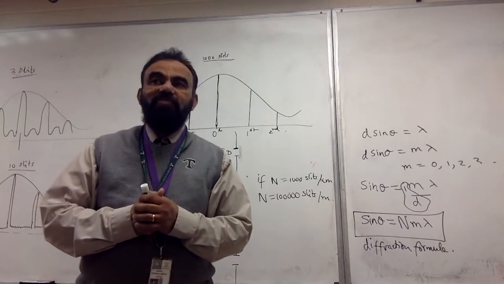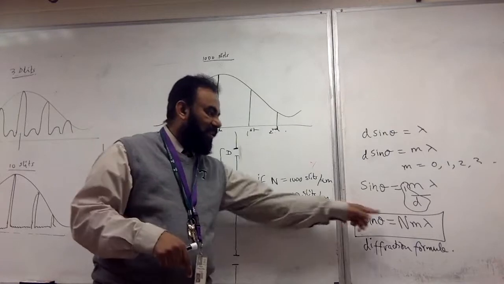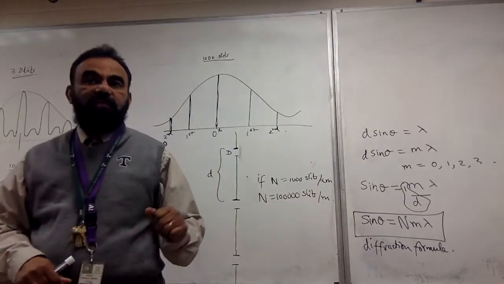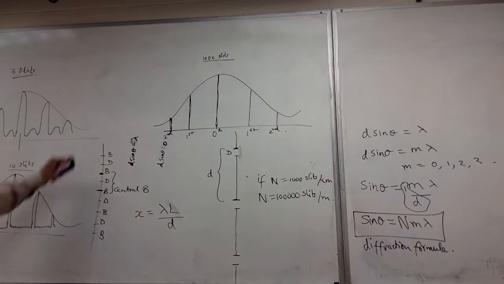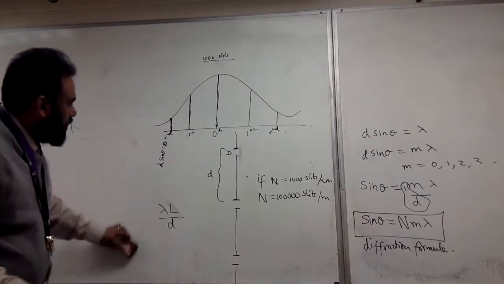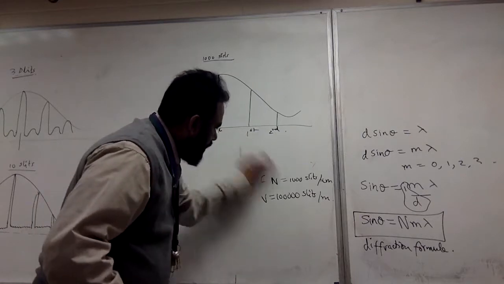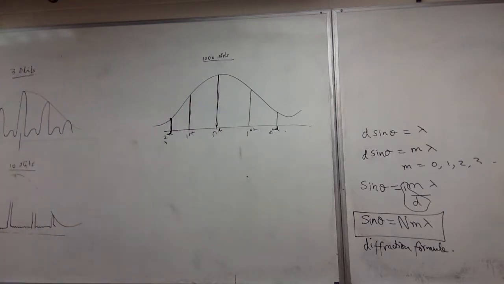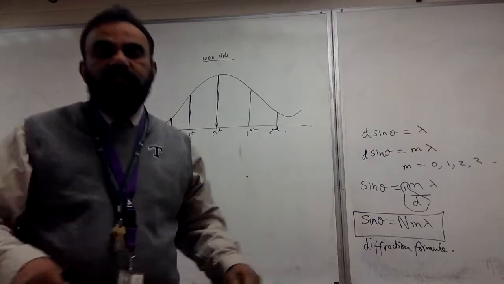But you can't use that straight away. You have to get it in per meter and then substitute it there. Then only that formula works. So that's called the diffraction formula.